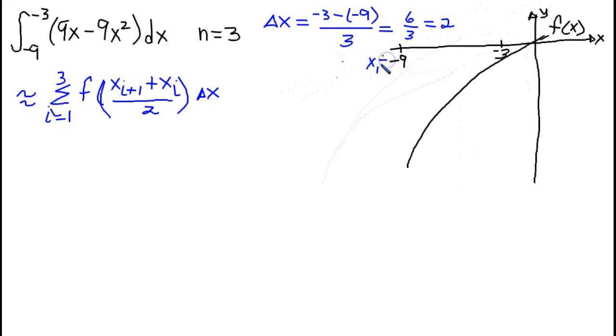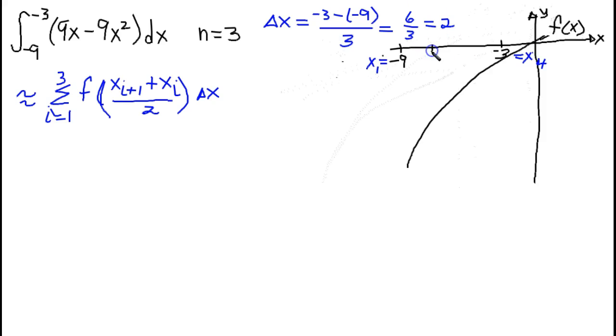In this particular case, our x sub 1 is equal to -9, and our x sub 4 is equal to -3. That means we have other values in the middle. What are those going to be? Well, we know that delta x is equal to 2. So -9 plus 2 gives me -7, which is my next value.